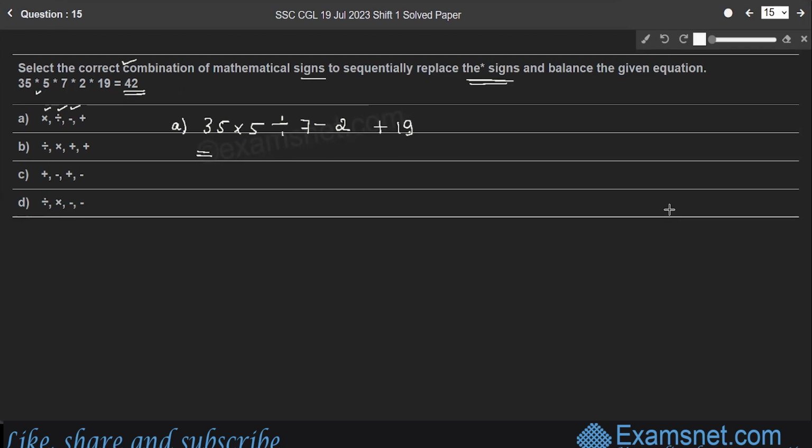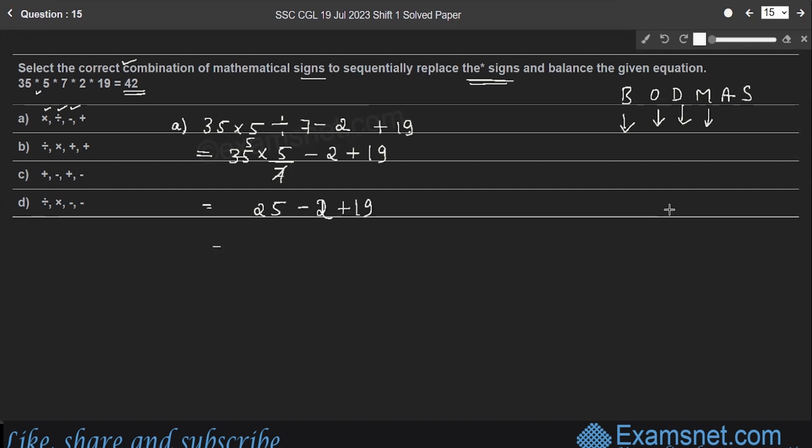So according to the BODMAS rule, we have to go for division first, since there are no brackets and of part here. So go for 5 divided by 7. 35 into 5 divided by 7 will leave as it is, 5 by 7, then minus 2 plus 19. Here go for multiplication. 7 into 5 is 35, so it becomes 5 into 5, 25 minus 2 plus 19.